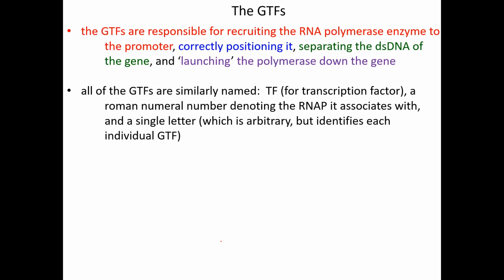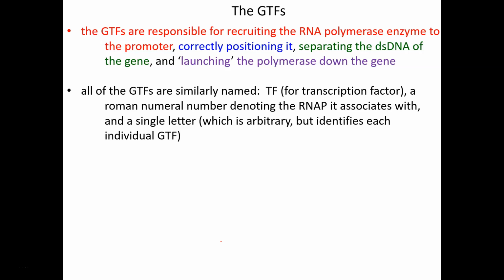All of the GTFs are named in a very similar way to one another. They all start with a TF, that stands for transcription factor, a Roman numeral that determines which RNA polymerase it associates with. Since we'll only be talking about RNA polymerase 2 amongst ourselves here, we'll only be talking about TF2s. The transcription factors for RNA polymerase 1 and RNA polymerase 3 are called TF1 and TF3.